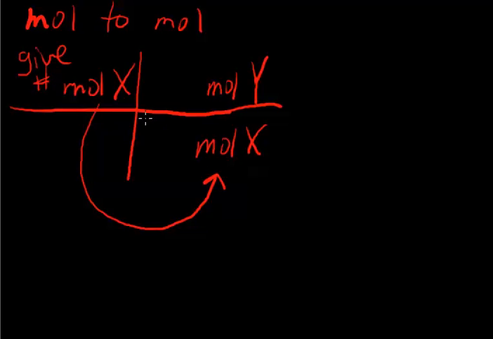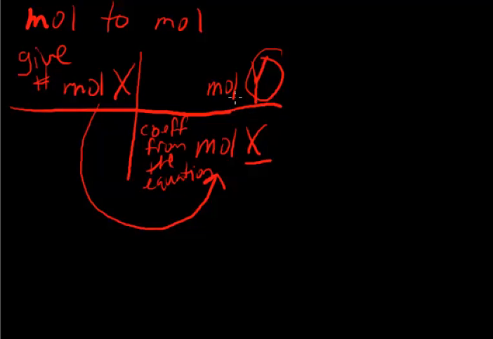And then for the numbers in front, this is where you always put the coefficients from the equation. So you find X in the equation, you find its coefficient in front, put that number here. You find Y in the equation, you put that number here.